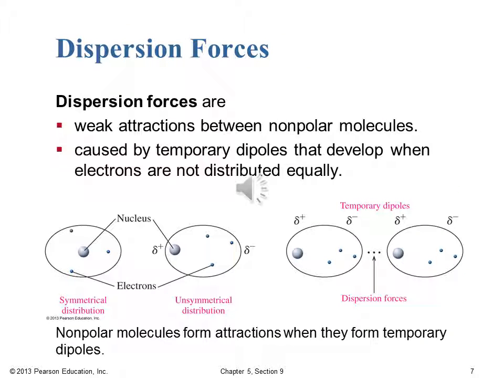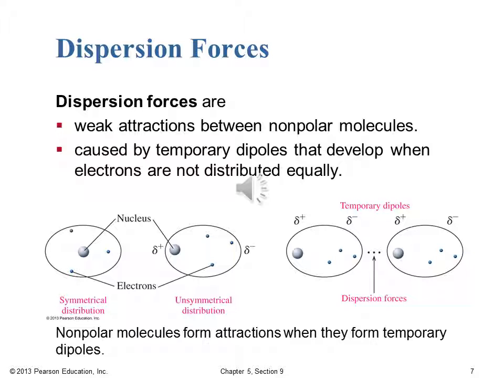And finally, for the dispersion forces, sometimes called London forces after the scientist London who discovered them, they're very weak as a comparison to the dipole-dipole or the hydrogen bonding. And they're weak because they're just temporary dipoles.